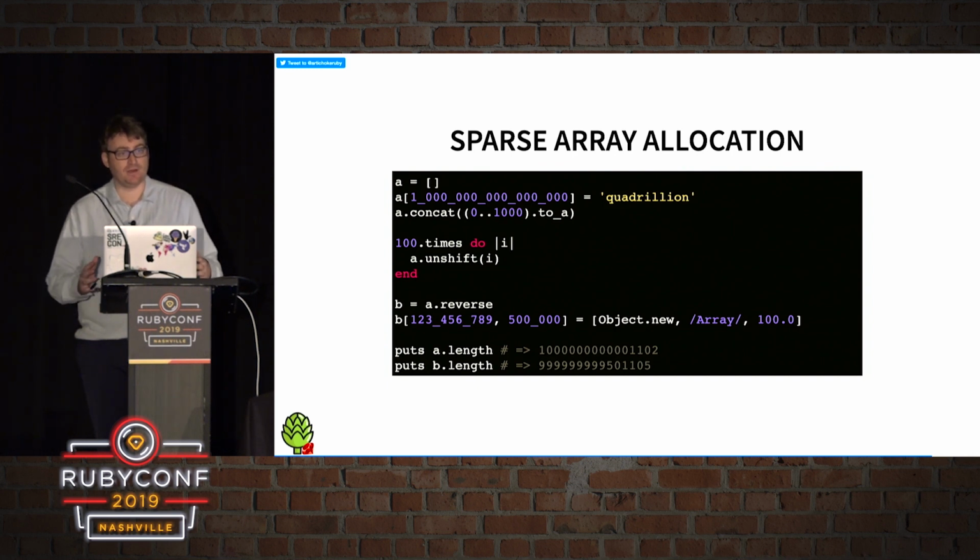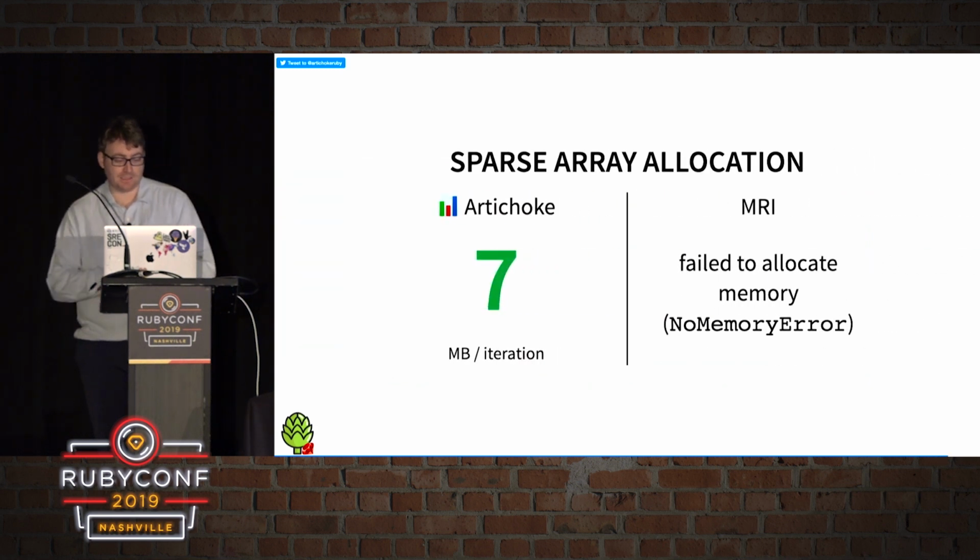We're adding to this aggregate array a sequence-based array at the front, and adding buffer types to the end. Reverse happens very quickly because even though we have a quadrillion elements in the array, that sparse array doesn't need to actually do any reversals because it's just a bunch of nulls. And when we run this on Artichoke, it takes about 7 megabytes of memory, but MRI is like, nope.